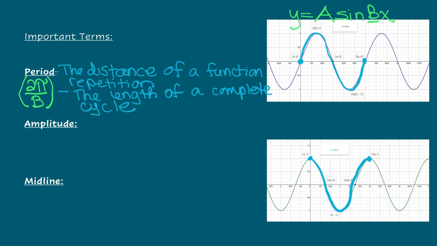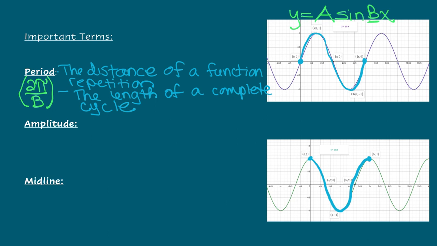The amplitude of a function is how far we go off of that midline. So the amplitude is essentially the height of the peak and the valleys. All right, so it's the distance from the midline to a peak or a valley in the graph.